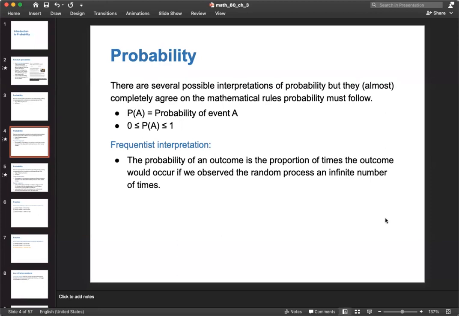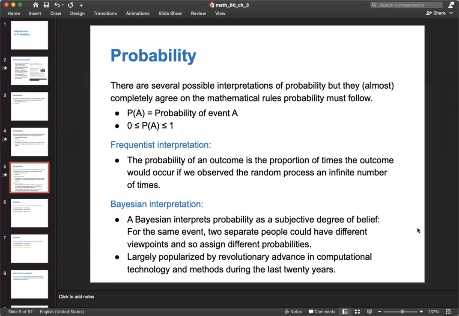Okay, and there are a couple of different interpretations here. Maybe I'm going to skip that one. But the interesting thing to note is the frequentist interpretation. Maybe I'll go into it briefly, but basically the probability of an outcome is the proportion of times the outcome would occur if you observe this random process an infinite number of times.